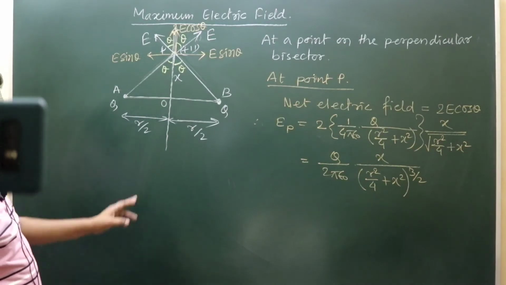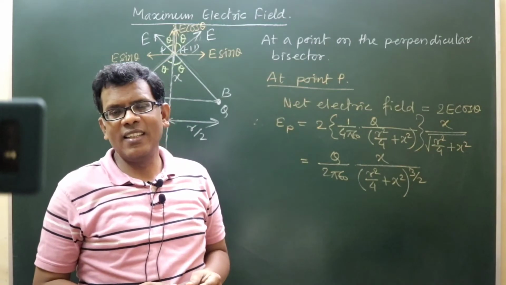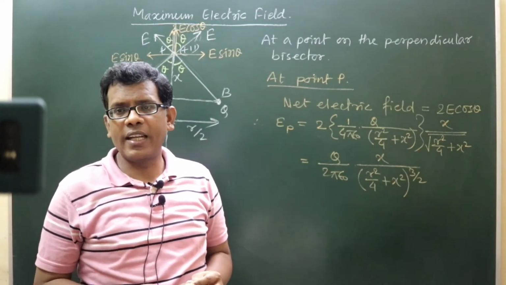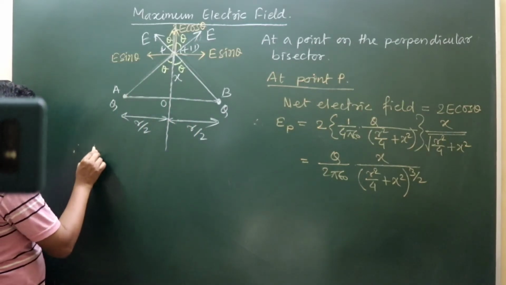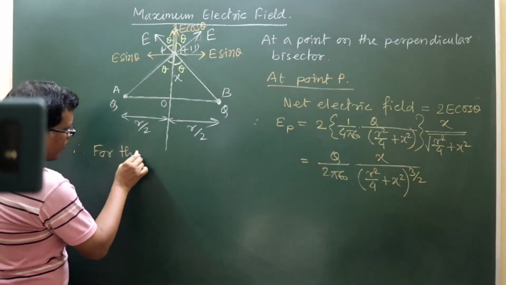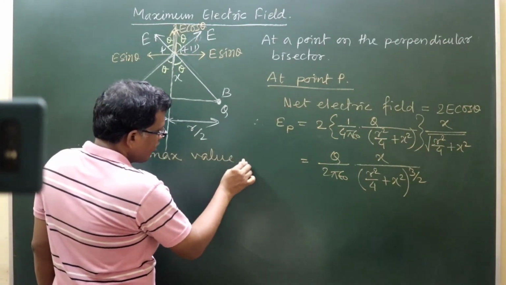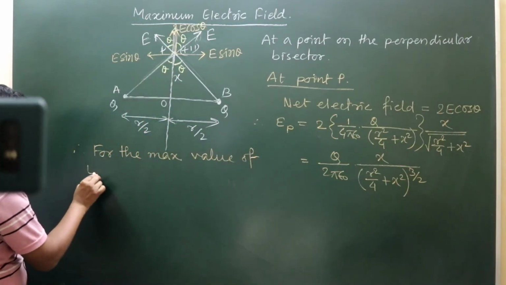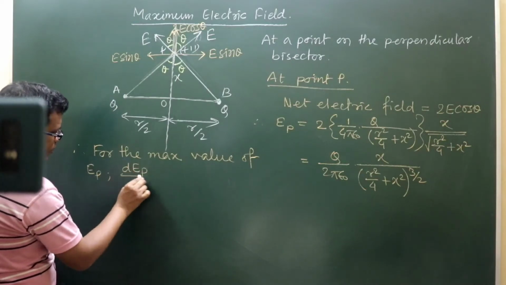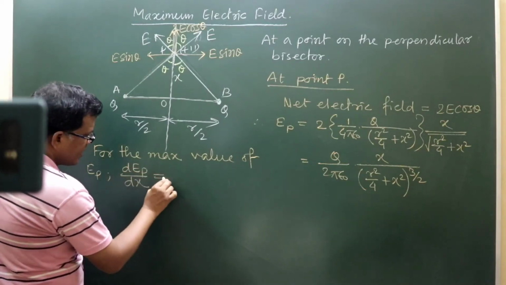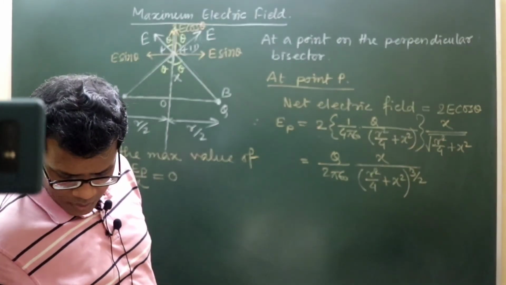But our objective is to find the exact point on the bisector line where the electric field can be experienced as the maximum one. Therefore, for the maximum value of E at P, dE by dx, that is the derivative with respect to x, must be 0, using maxima and minima in calculus.